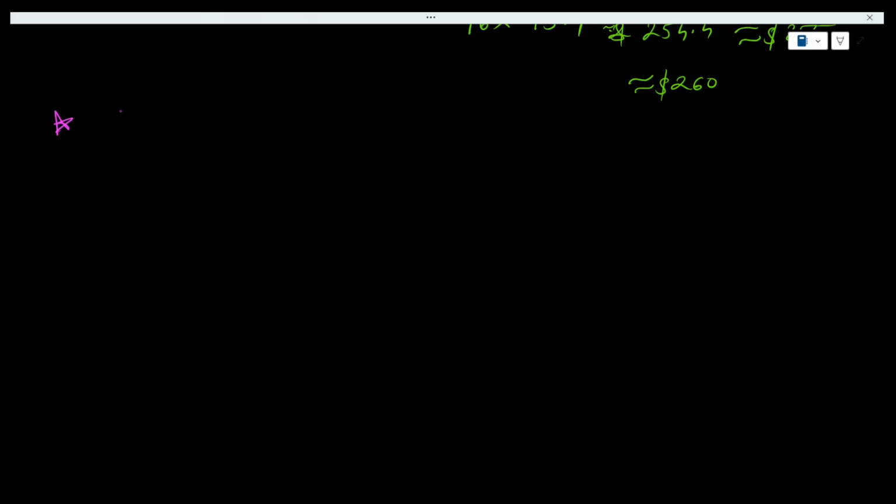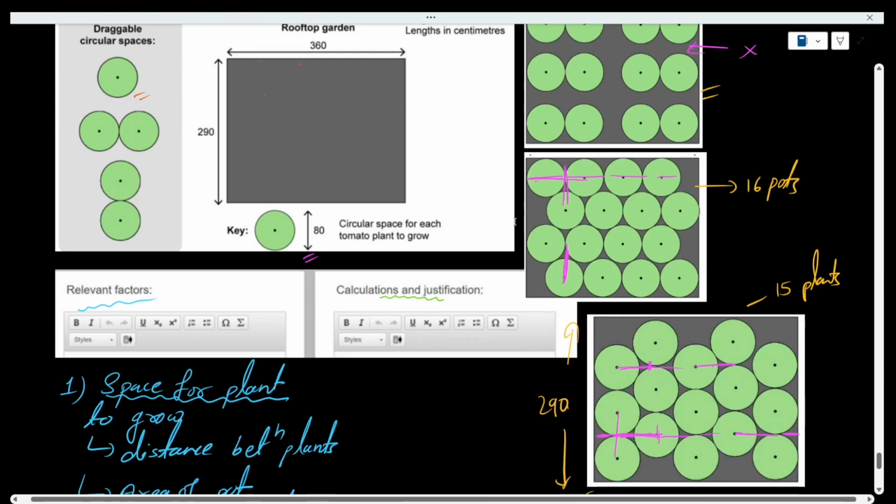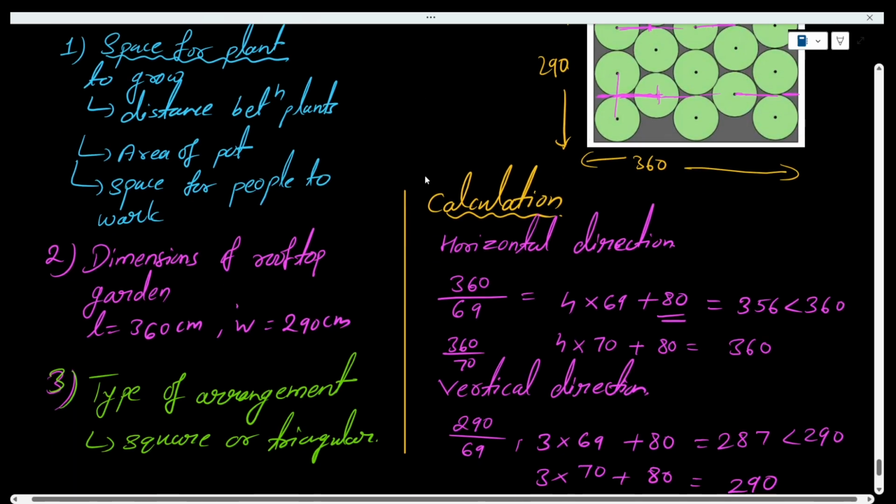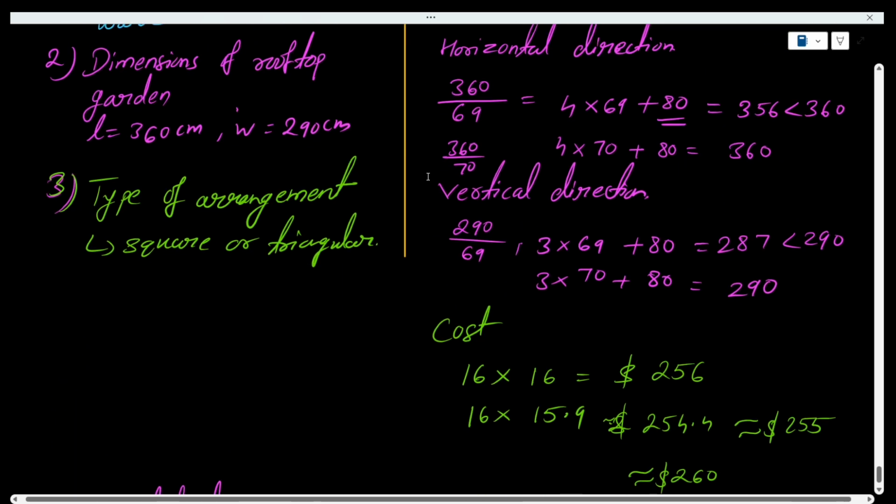Now, after calculation, it's written here justification also. So you need to write down how you justify that your calculation and arrangement are accurate, right? You need to write down the reason in words. What did you do? When you were doing the circular arrangement, you considered the length and width of the rooftop garden, right?